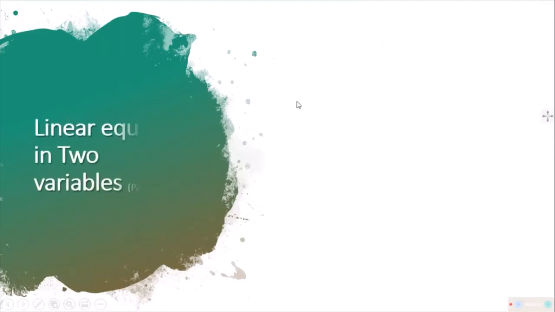So the topic, once again, linear equation in two variables. This is part 2 of the video. The first part you should see, learn and understand before continuing with this video. You will get a link to part 1 below in the description.